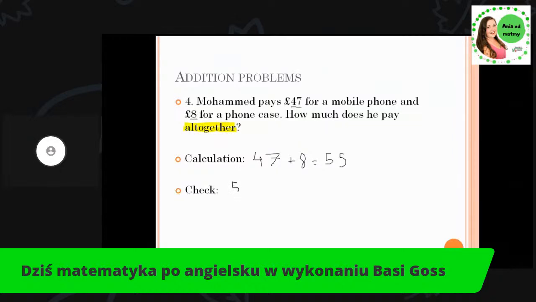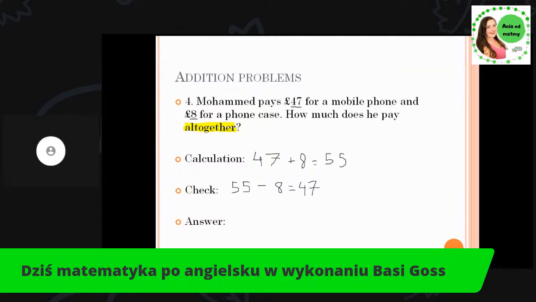For the check, we can use 55 minus 8 is 47. So we've got calculation and check, and now time for answer. What is a good sentence that we can use to answer this problem?